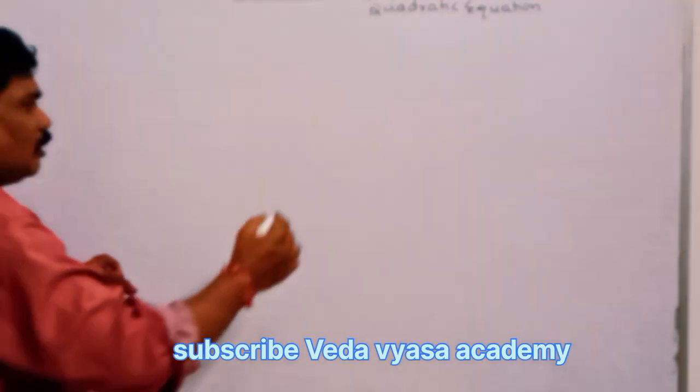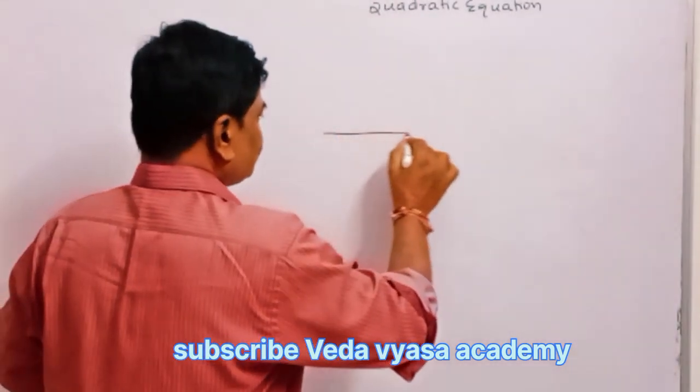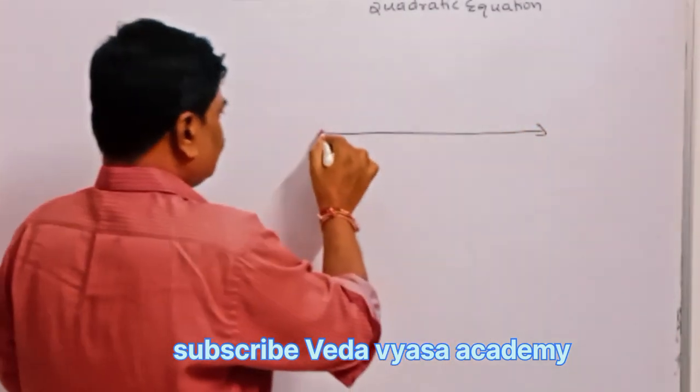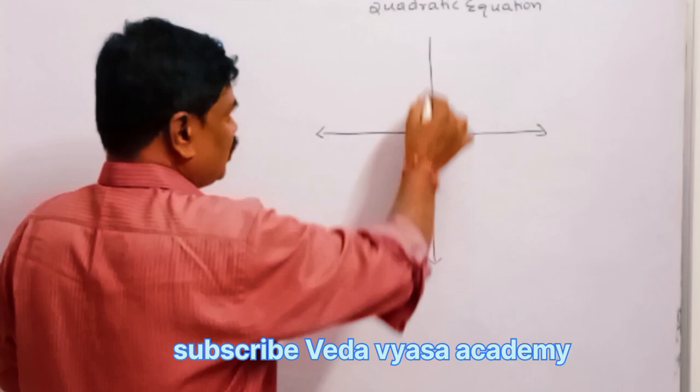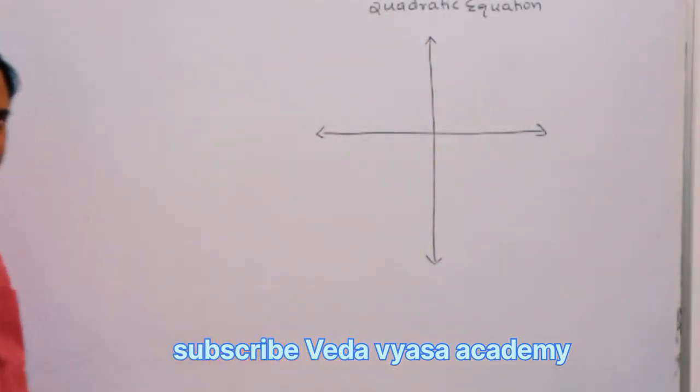Here this is the horizontal line, this is the vertical line.